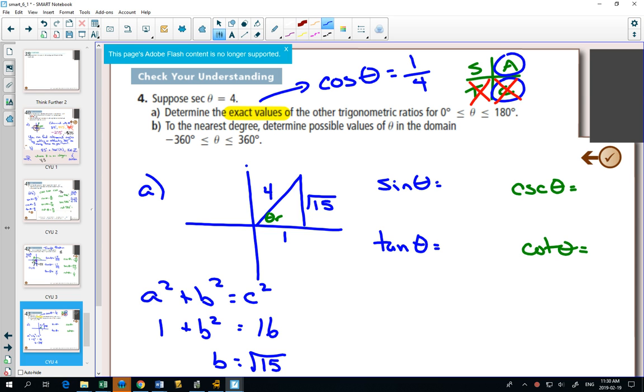Now sine, opposite over hypotenuse, root 15 over 4. Tangent, opposite over adjacent. They'll both be positive because we're dealing in quadrant 1 where everything is positive. And then cosecant will be the reciprocal of sine, and cotangent the reciprocal of tan.